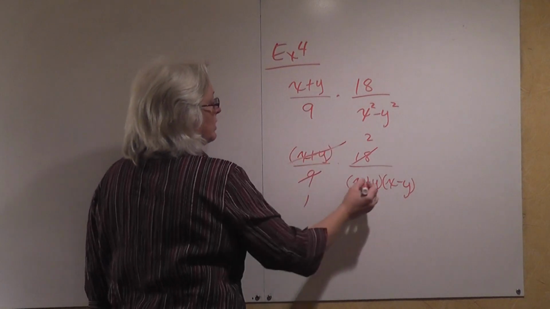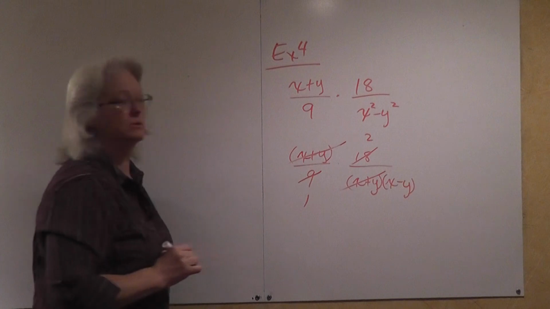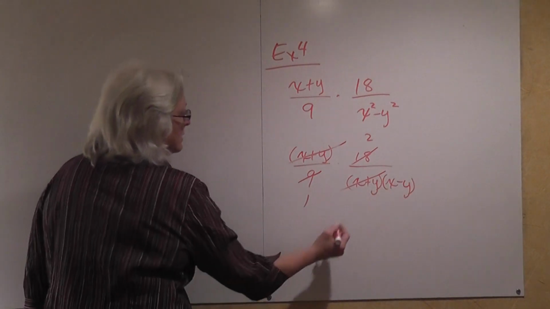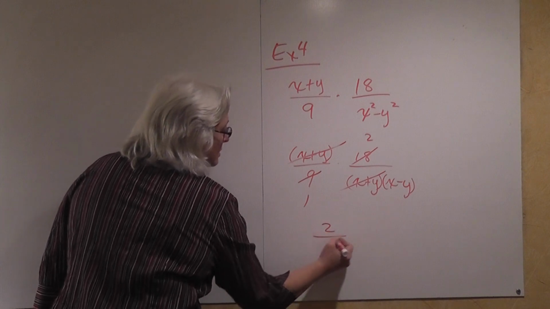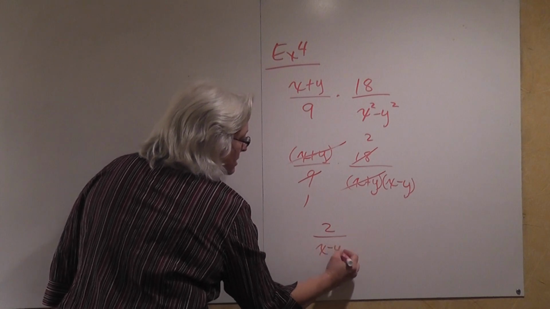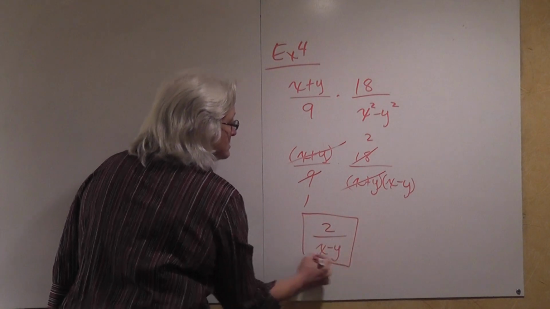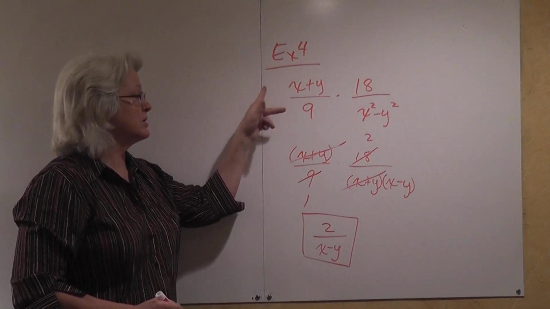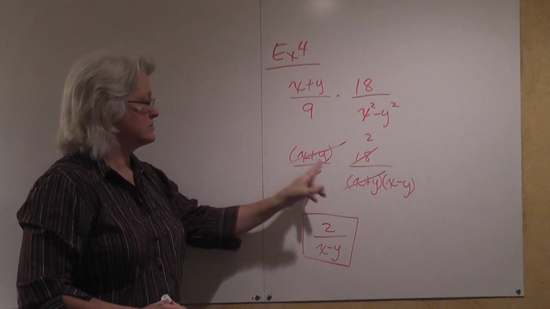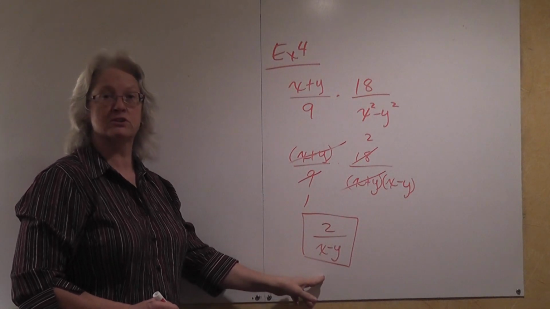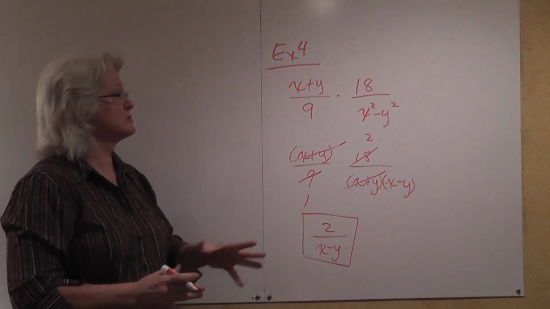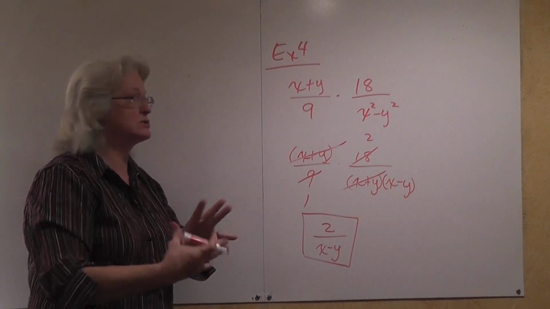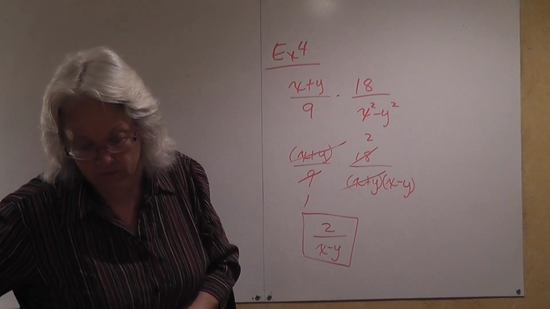Our x plus y factor cancels, leaving us the factor of x minus y in the denominator. We have reduced this rational expression. We've multiplied it and canceled common factors to give us 2 over x minus y as the final form of the multiplication of these two rational expressions.